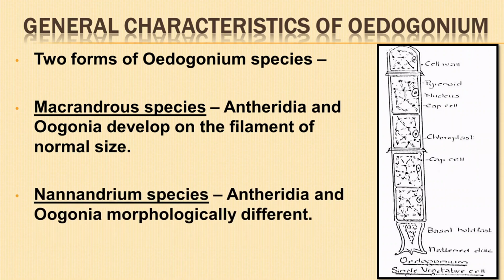They may be monoecious or dioecious. Nannandrium species, in which Antheridia and Oogonia are morphologically different. The male cells in this case are dwarf.